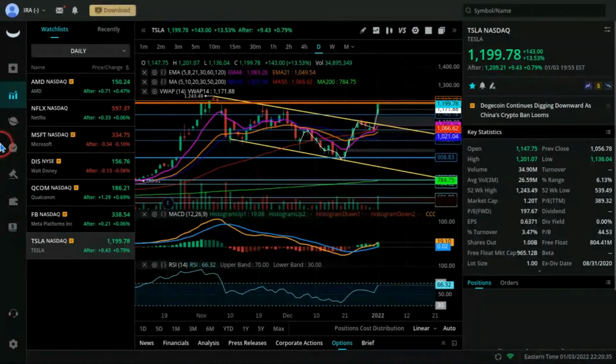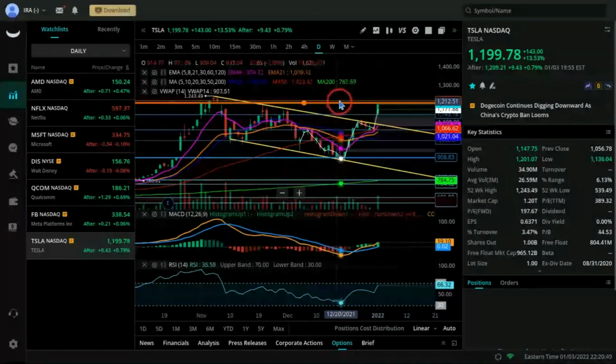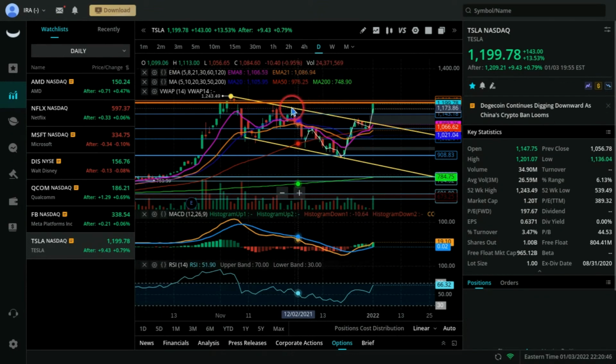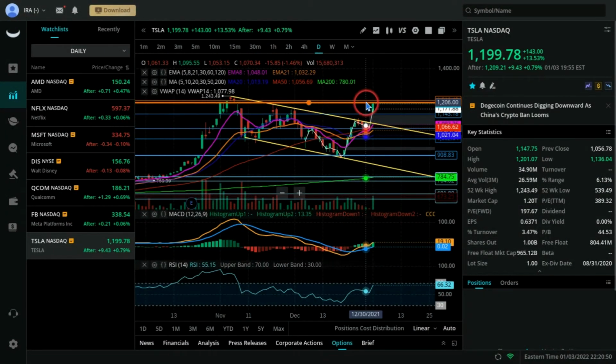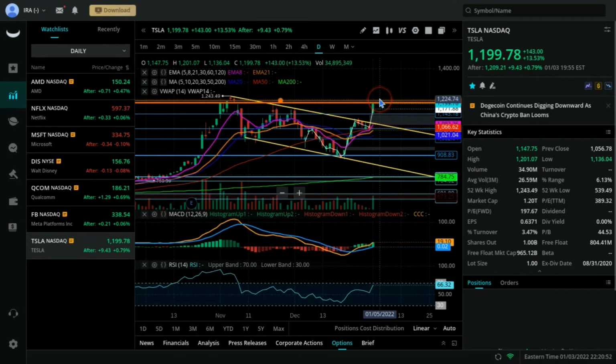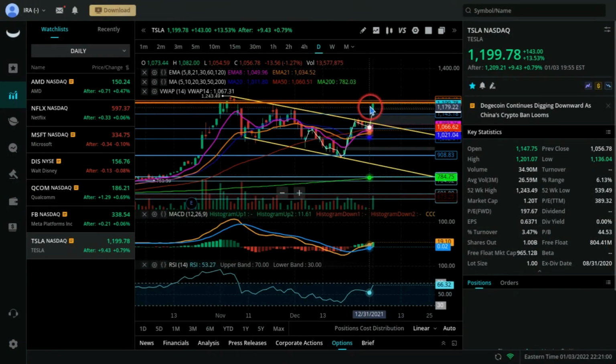Pretty solid, but I've got another resistance so close to it. If you were playing calls, I wouldn't get into it unless it breaks that second resistance level. If you want to play it above the first resistance level, you can play it above today's daily high, which is 1201.